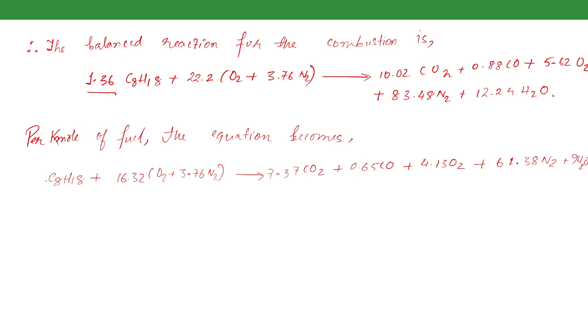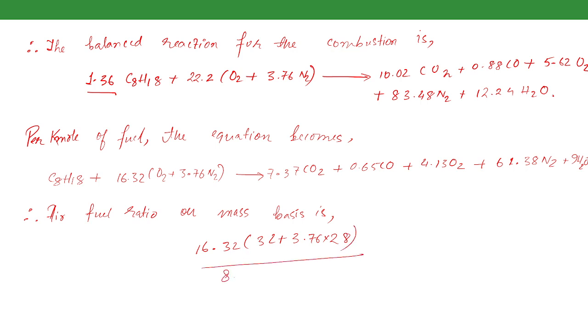Therefore the air fuel ratio on mass basis is 16.32 times 32 plus 3.76 into 28, divided by 8 into 12 plus 18 into 1.